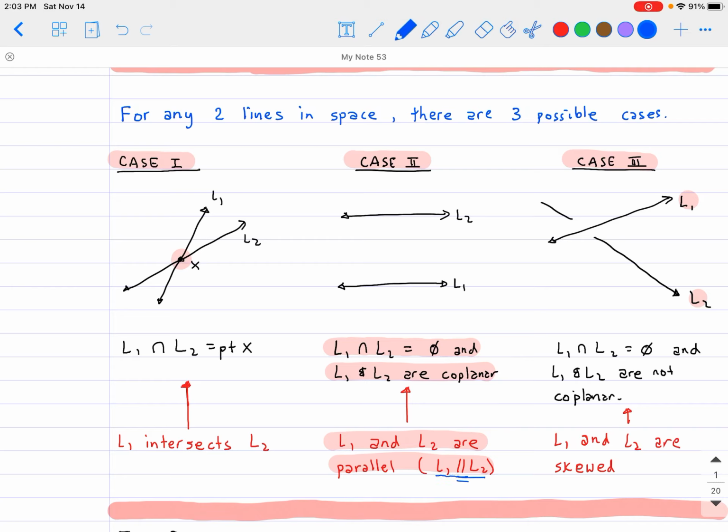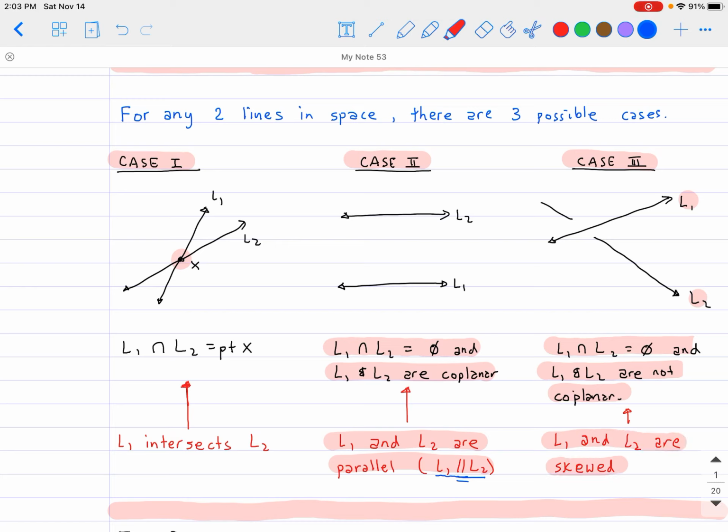Now, the third case over here, while it is interesting, we're probably going to come back to it in a distant future in a different chapter, where line 1 and line 2 do not intersect each other, and they are not coplanar. These two lines are what is known as skew lines.